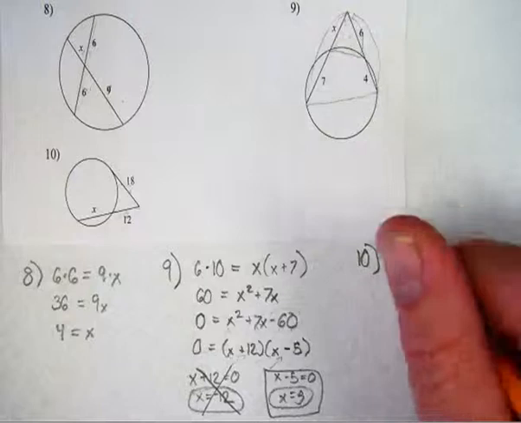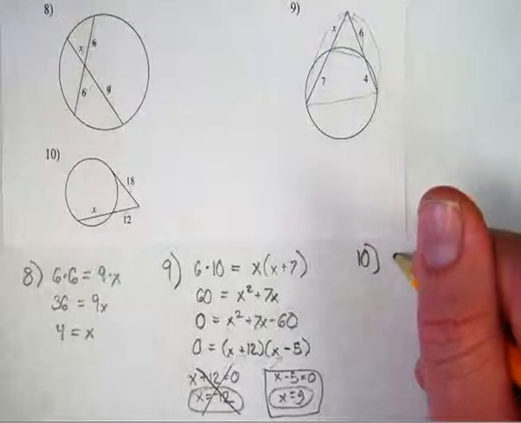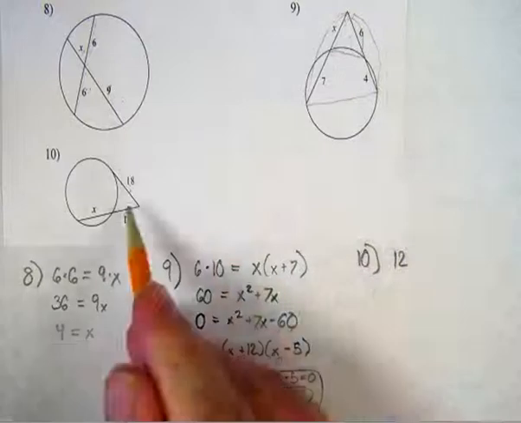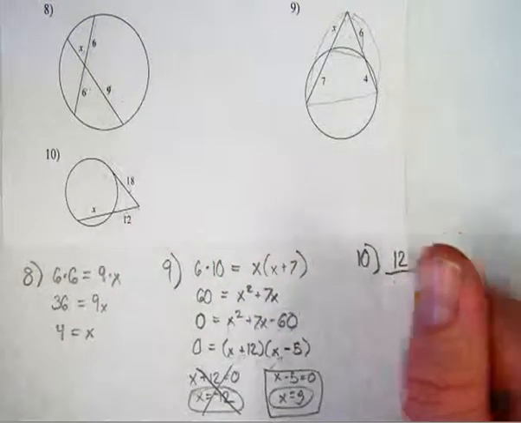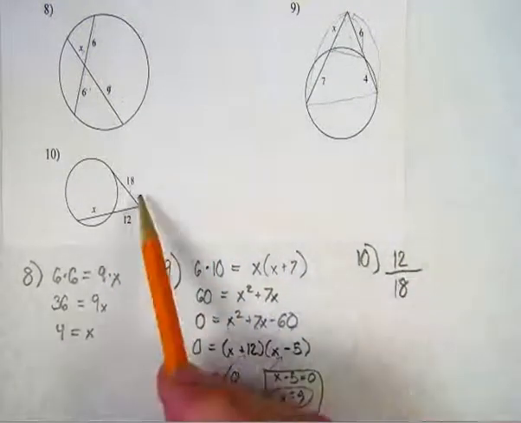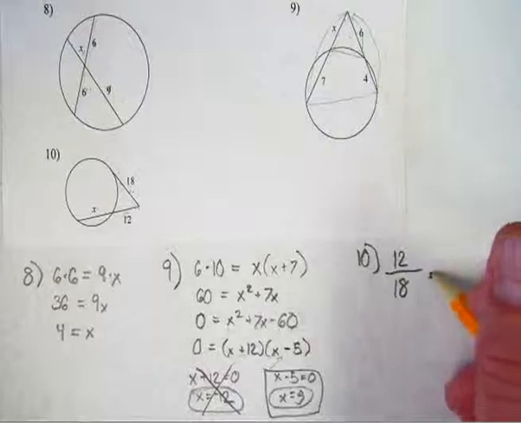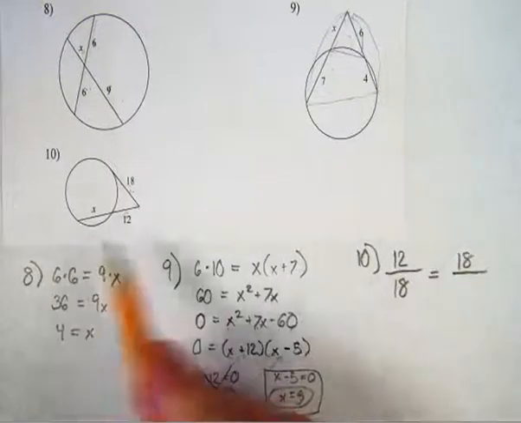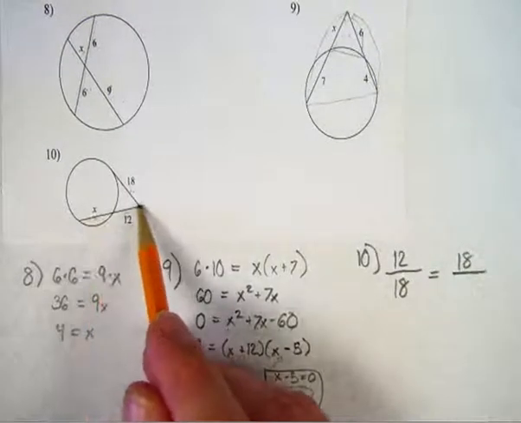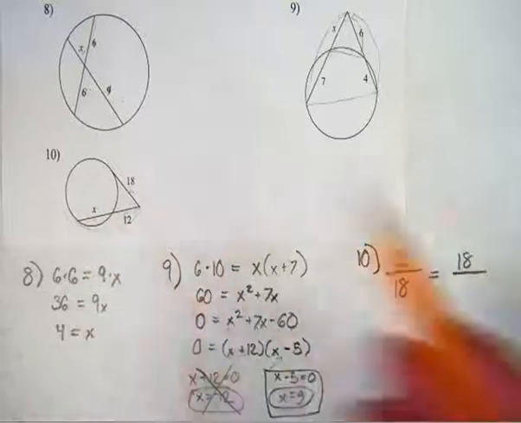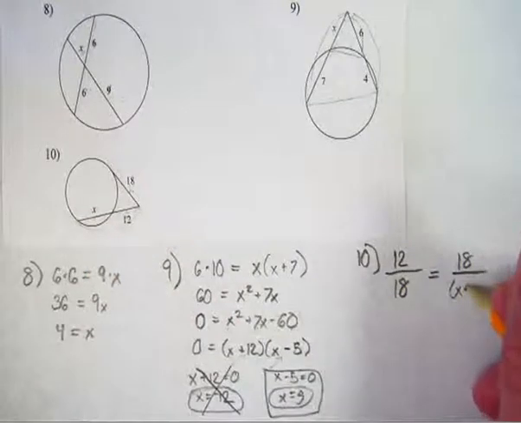So when I set this up, I'm going to say that the shorter part, which is 12, so the shorter part of the secant line, over the tangent, which is the geometric mean, equals the geometric mean over, and now I want this whole length for the secant line, so that would be x plus 12.